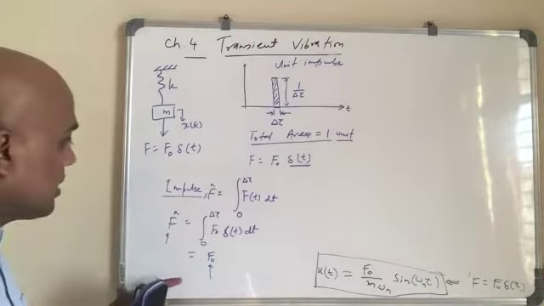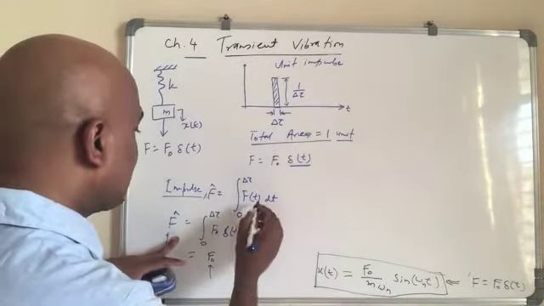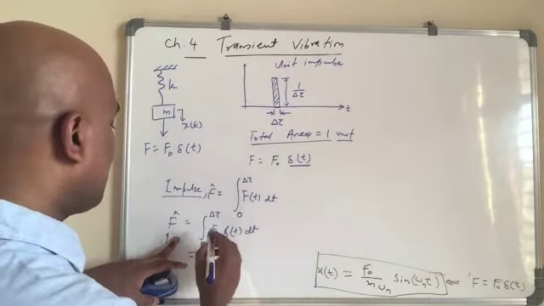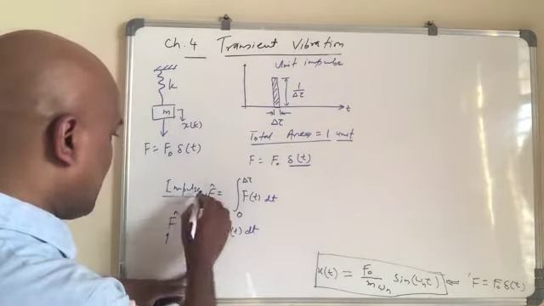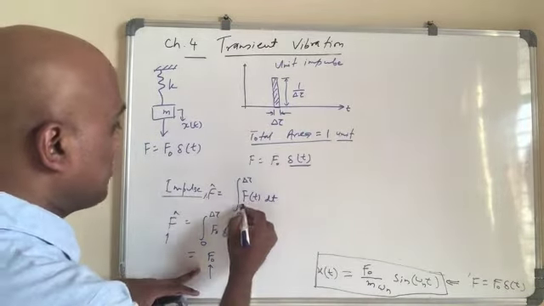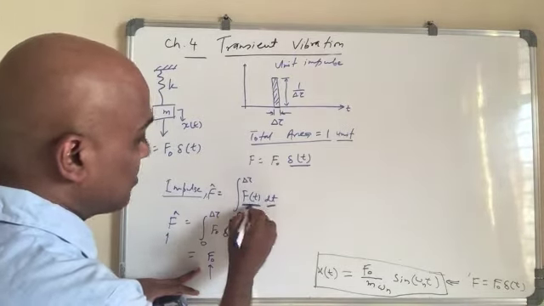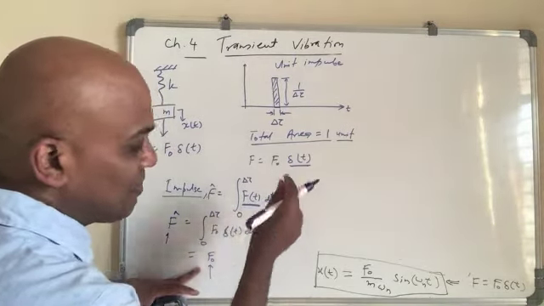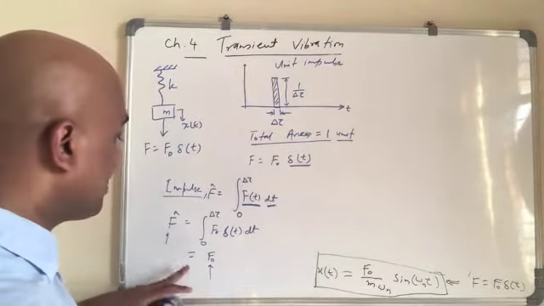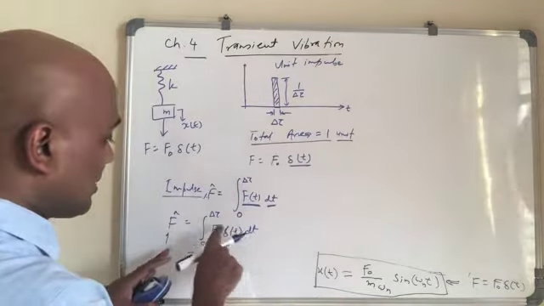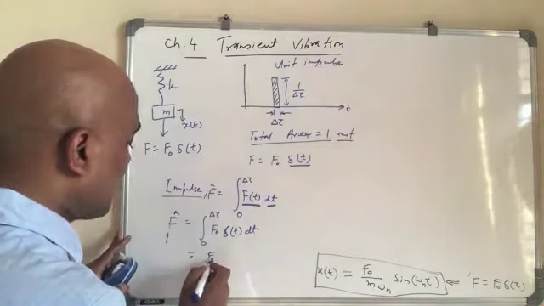So the meaning of that is, when you say the impulse force, which is F(t) multiplied by a small time, and then you are integrating the whole thing, after integration what we find is F hat is F naught only.